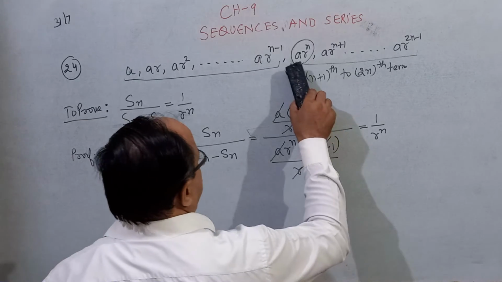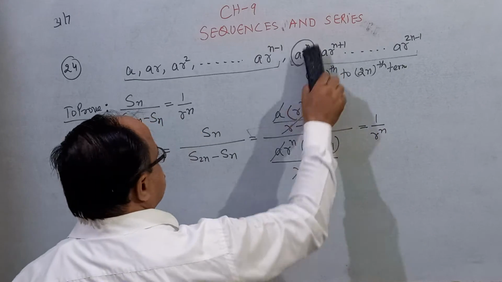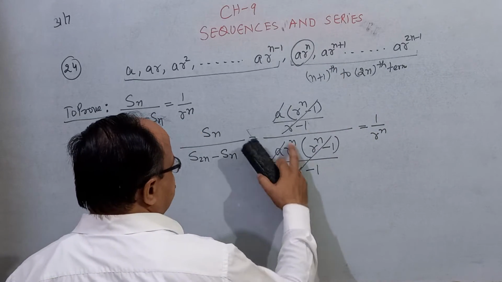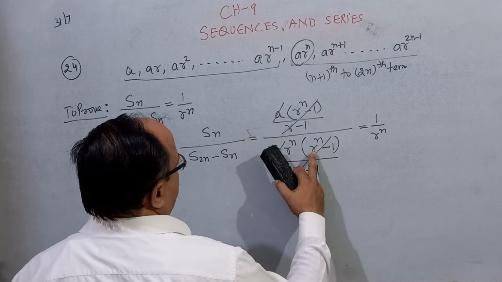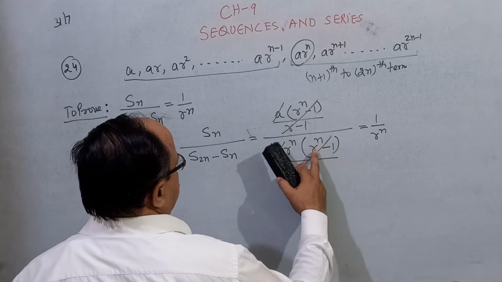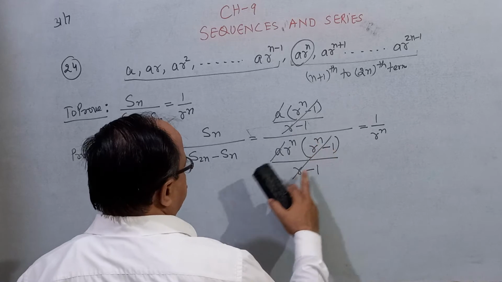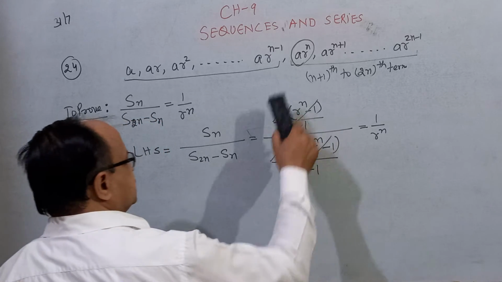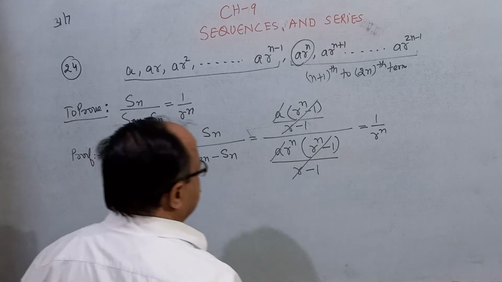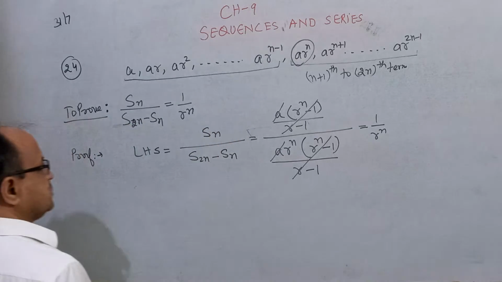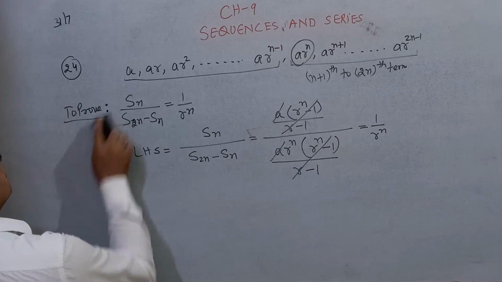And in this GP, the first term is A r to the power n, common ratio r, number of terms n. Therefore, r to the power n minus 1 upon r minus 1. These terms cancel. The remaining term is 1 by r to the power n. This is the solution of question number 24.